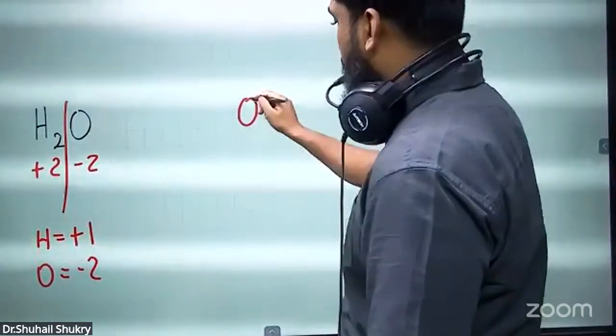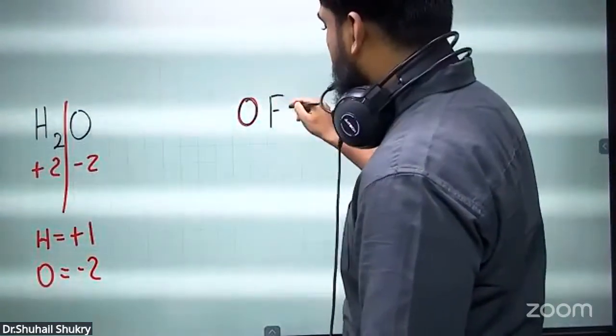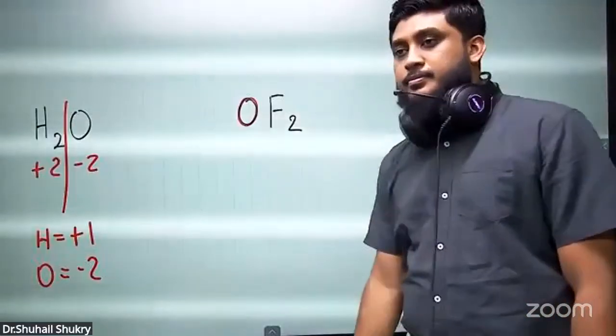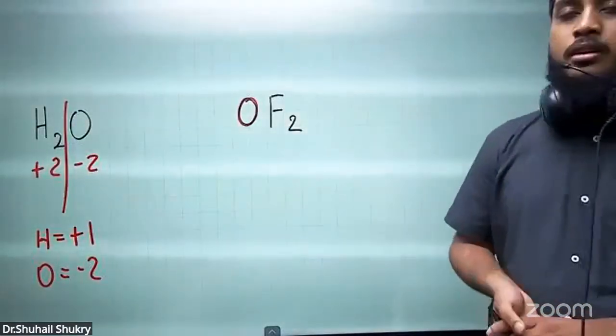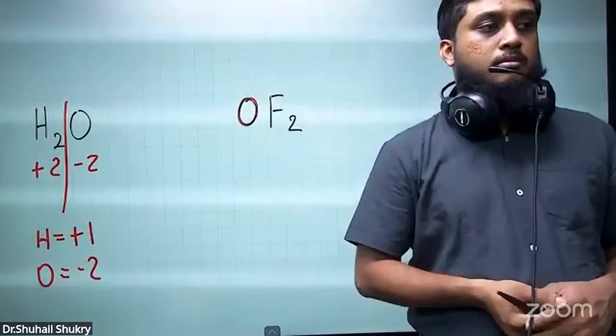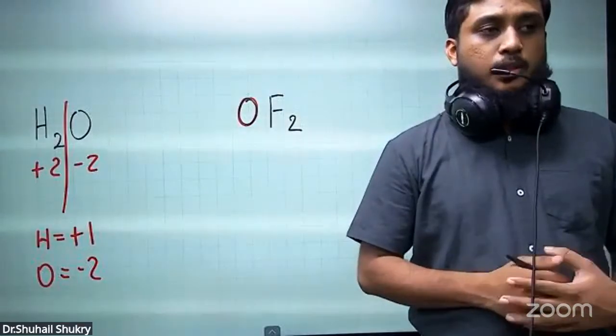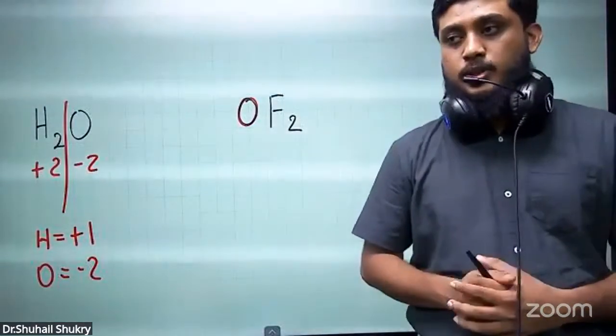Think you have a compound called OF2. Who is the most electronegative element in this? Fluorine. No one can beat fluorine.